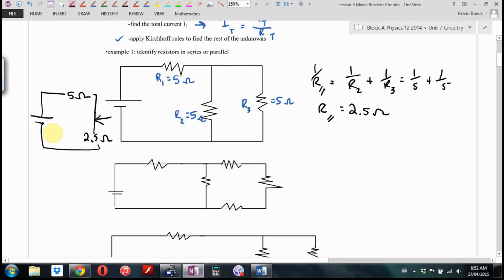Mathematically, those are equivalent. And notice in my new drawing, the 2 mathematical resistors I've drawn are in series. So what's the total resistance of this circuit? R total equals 5 plus 2.5, 7.5 ohms. And if I told you the voltage, you're good to go.